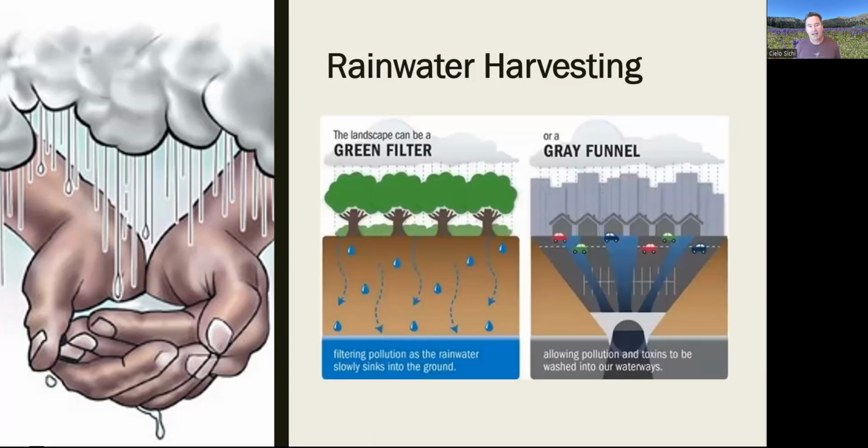So landscapes can be green filters, or landscapes can be gray funnels. In the green filter landscapes, pollutants are filtered as rainwater slowly infiltrates into the ground through a well-developed soil structure. Our gray funnels are primarily impermeable surfaces.